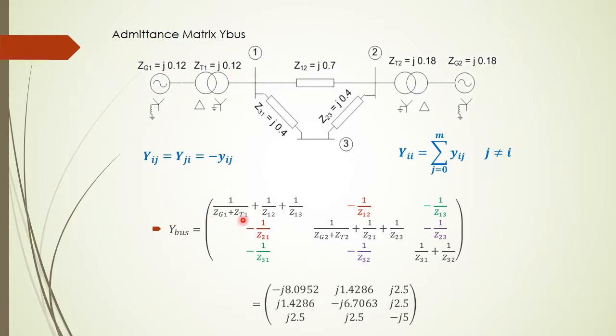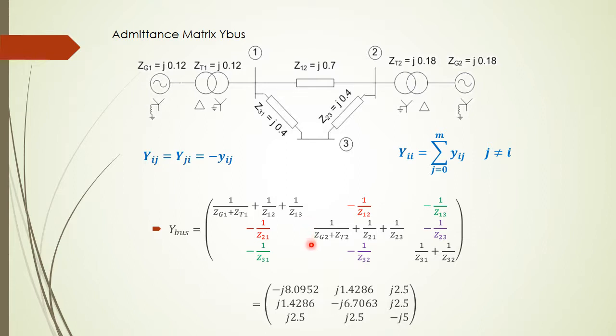So the admittance from the neutral to bus 1 is given as 1 over ZG1 plus ZT1, like this. And then we add the admittance from bus 2 to bus 1, 1 over Z12, and then the admittance from bus 3 to bus 1, 1 over Z13.